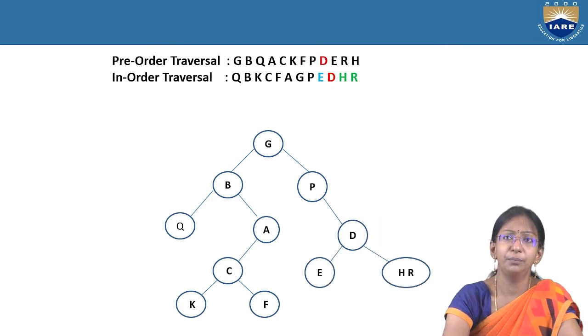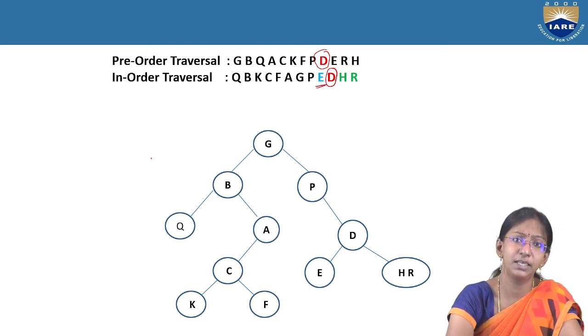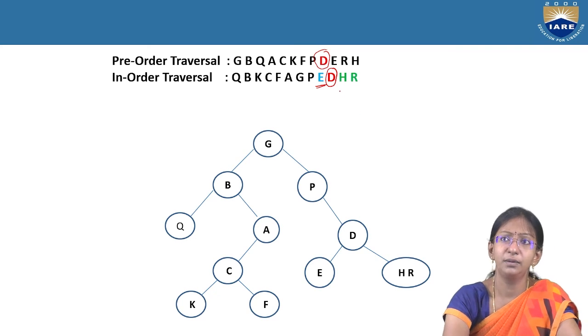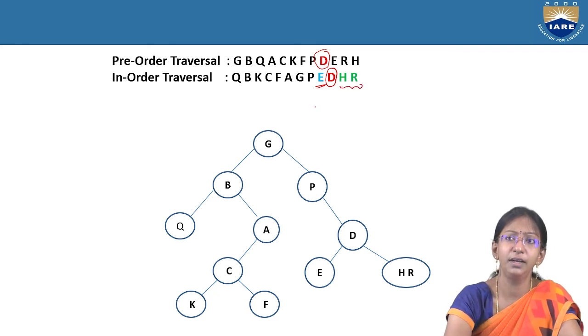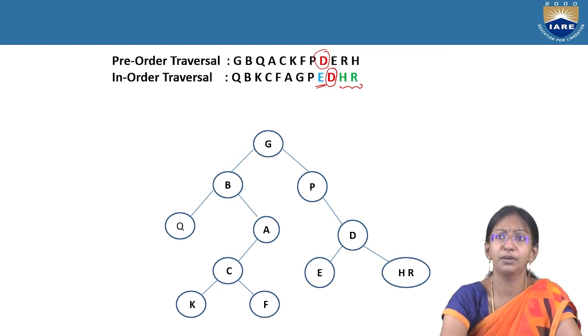Next element in preorder is D. Where is D in inorder? Here it is. In inorder, its left element is E and the right elements are H, R. Right? So place them. What is the next element in preorder?